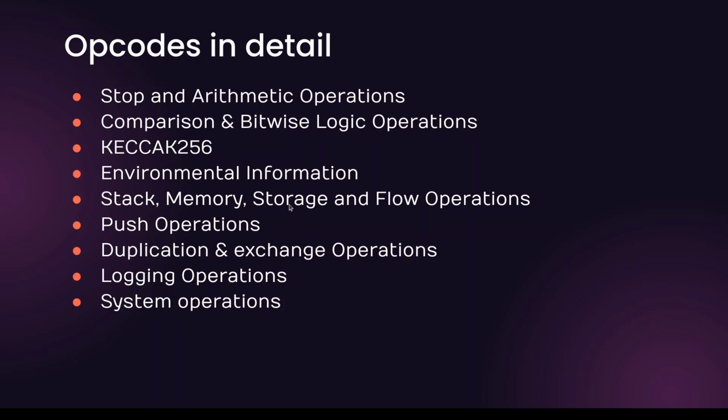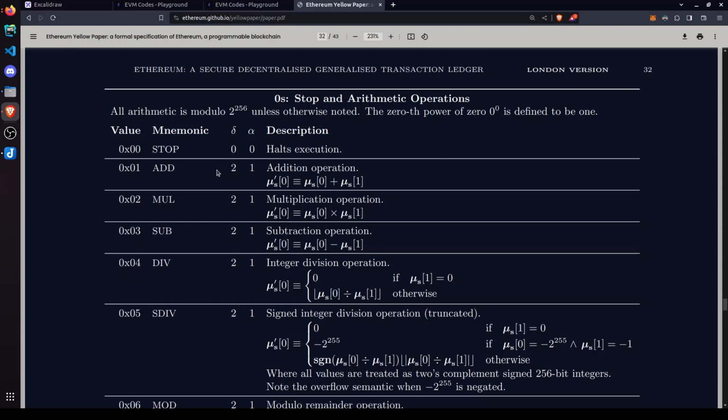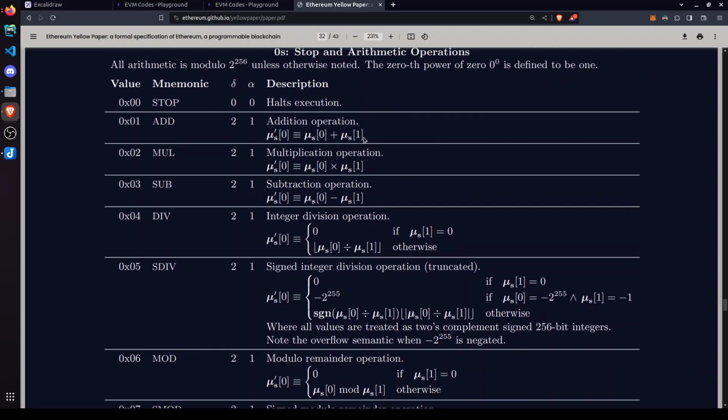Now let's discuss what types of opcodes we have. We're going to use the EVM Yellow Paper for that. So the opcodes start with the stop and arithmetic operations. And this is really super important: all arithmetic is modulo 2 to the power of 256.